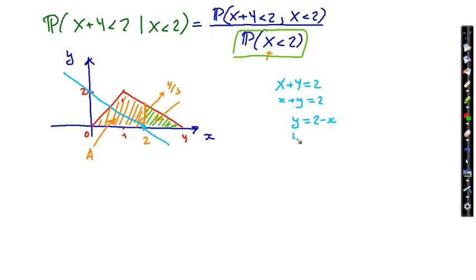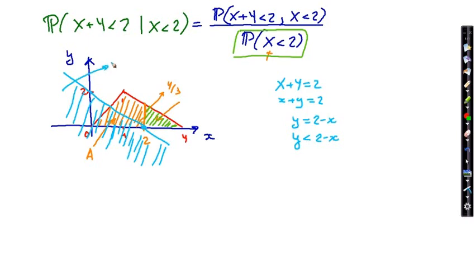Because we have y is less than 2 minus x, we will have the points under that line. And in fact, because our joint PDF is 0 outside of this triangle, we will be left just with this region.